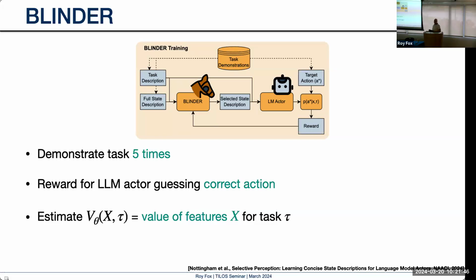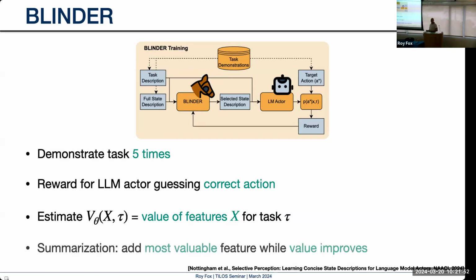So the value of a set of state features for a task is something we can learn now from this data. And the summarization works like this: we keep adding the most valuable state feature, as long as it adds value to our estimated value function. So that's blinder. Reinforcement learning for language for reinforcement learning, which is kind of cool.